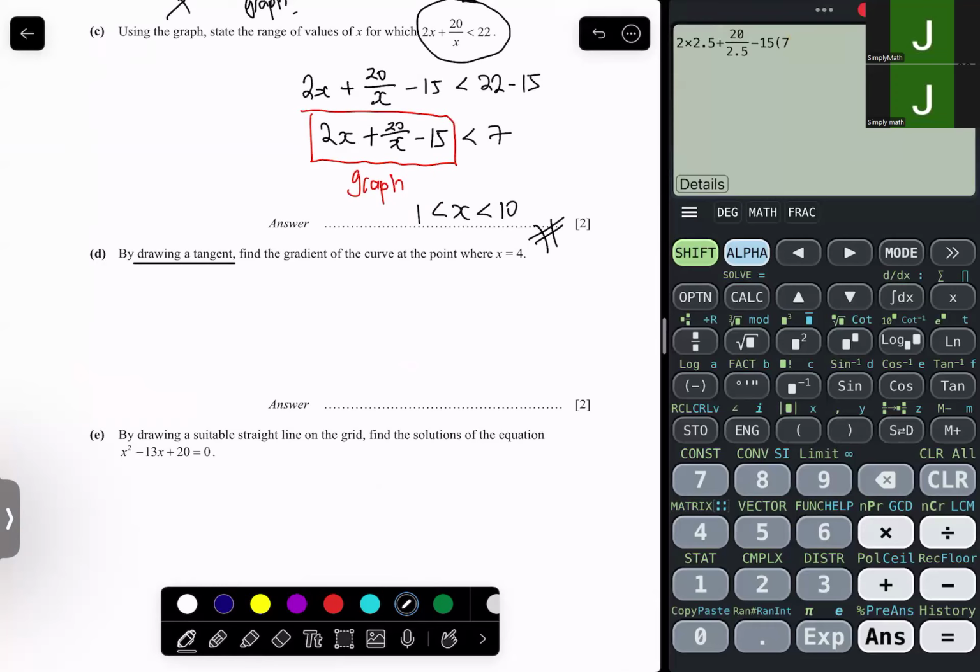So I'm going to play cheat first. y equals 2x plus 20 over x minus 15. For students that take A math, what you can do on the side to show your teacher is dy/dx equals 2 minus 20 over x squared.